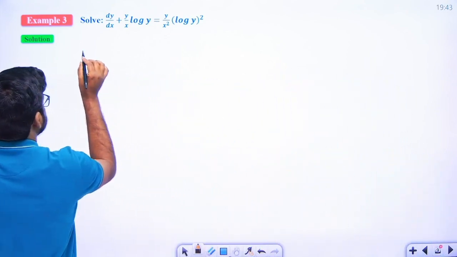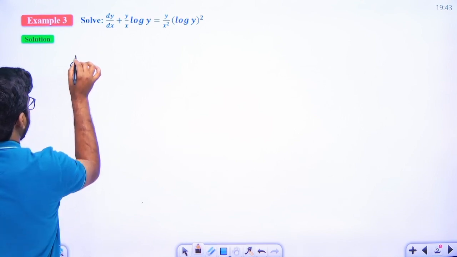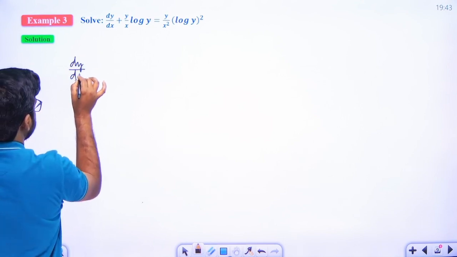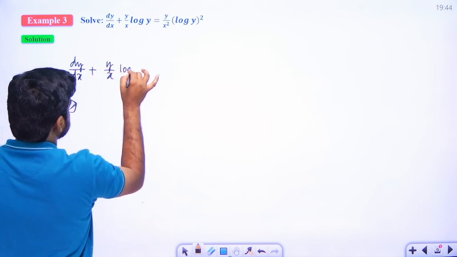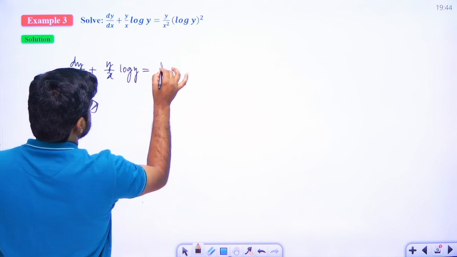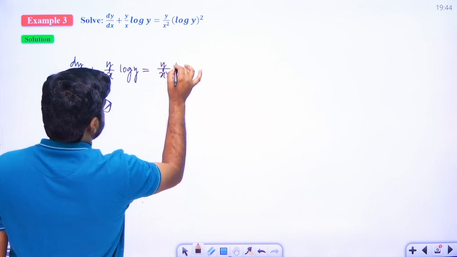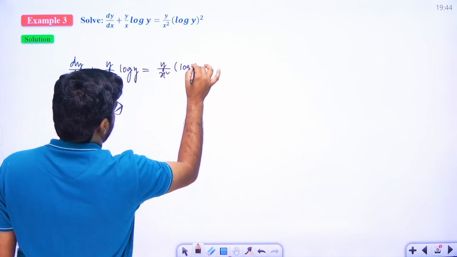The given differential equation is dy/dx plus y by x log y equals y by x square log y whole square.